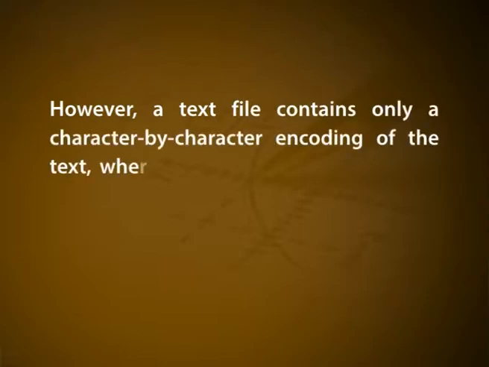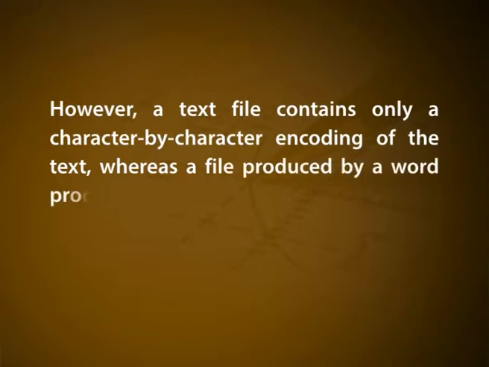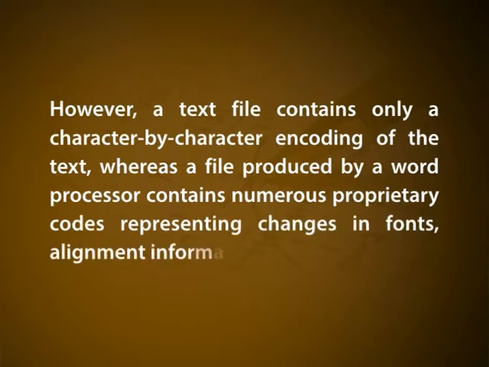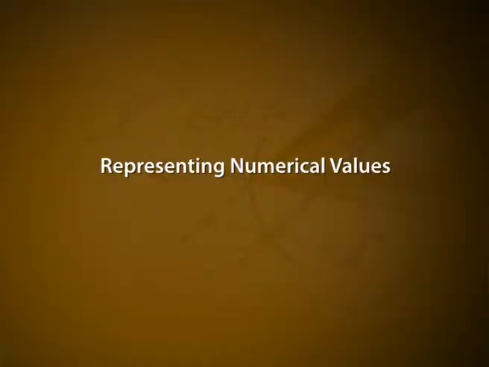However, a text file contains only a character by character encoding of the text, whereas a file produced by a word processor contains numerous proprietary codes representing changes in fonts, alignment, information, etc. Moreover, word processors may even use proprietary codes rather than a standard such as ASCII or Unicode for representing the text itself.